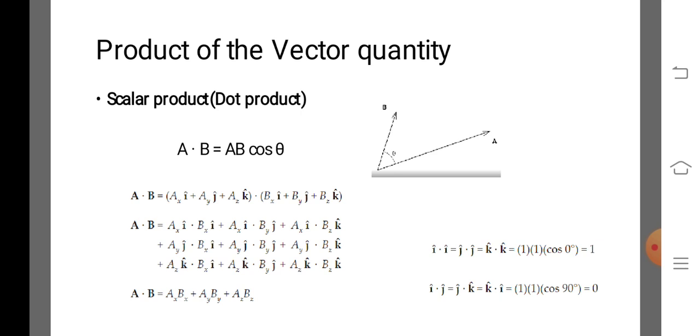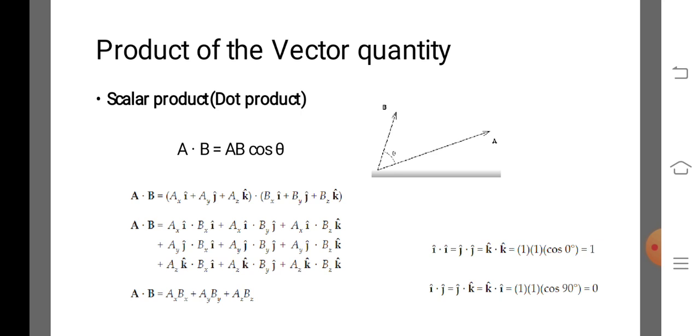Here, same vectors are multiplied, so in same vector multiplication the angle of deflection is 0. So we can replace that angle 0 in cos 0, which equals 1. So the same vectors give the value 1.